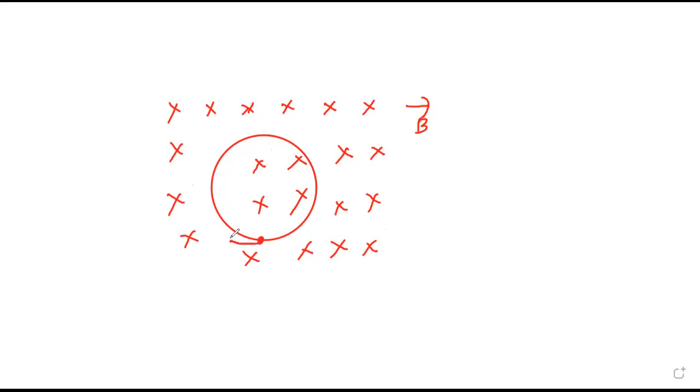If the particle enters with velocity v bar perpendicular to the field, then at every point, let us take here O, P, Q, R, forces are acting towards the center. Forces will act towards the center, radially inwards.